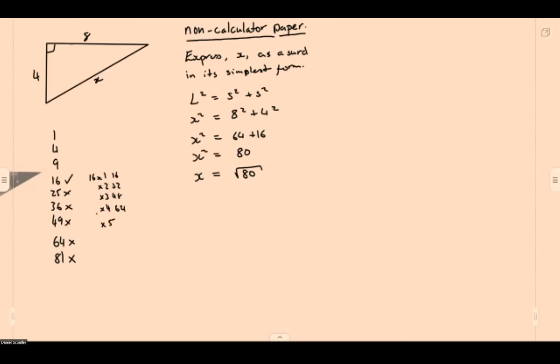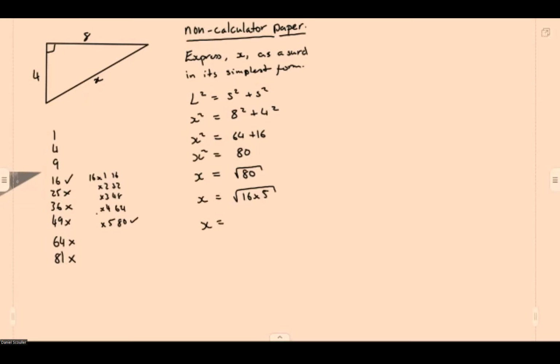Times 5 is 80. So we've got 16 times 5, which means we can simplify that down. Now, that's not an obvious one. All right, again, the more surd questions you do, the more times we simplify these surds down, the easier these will get to identify.